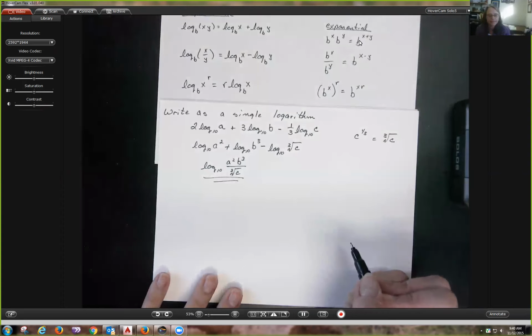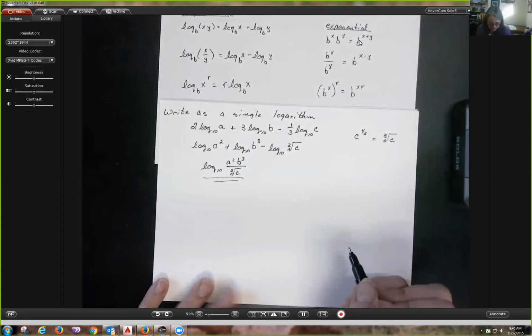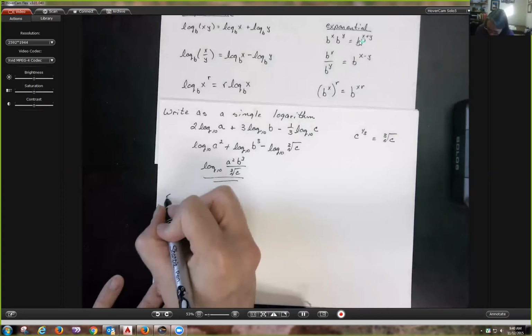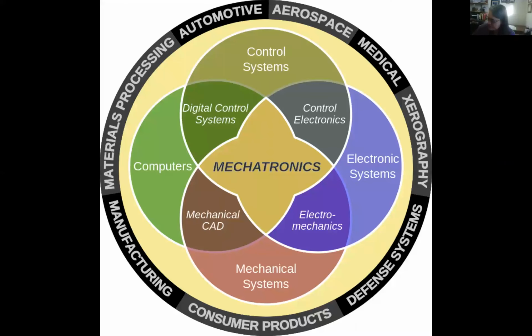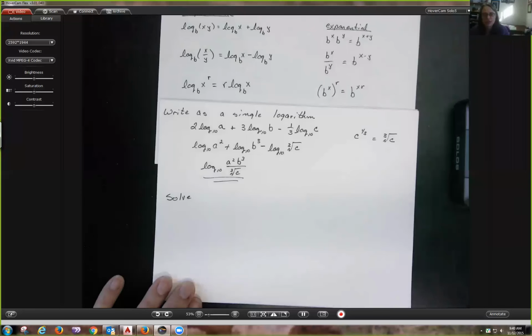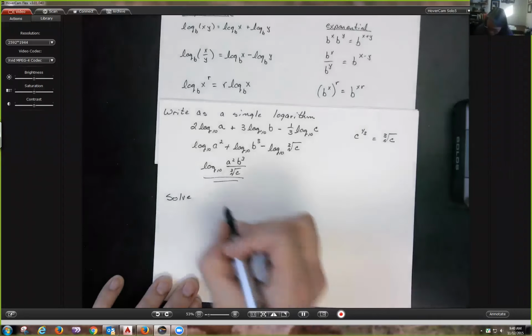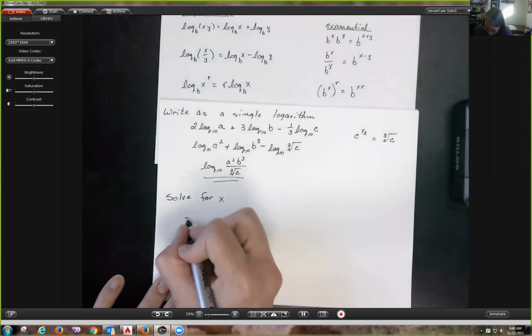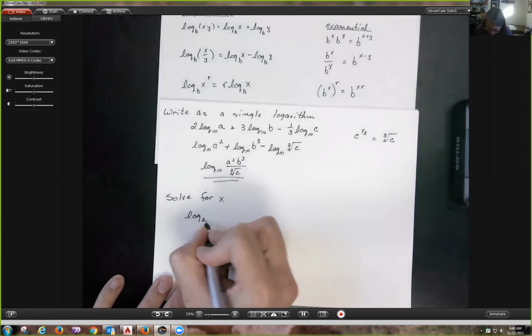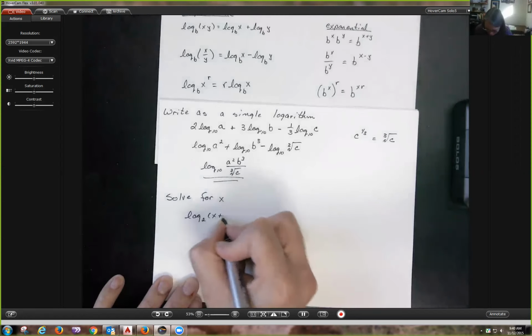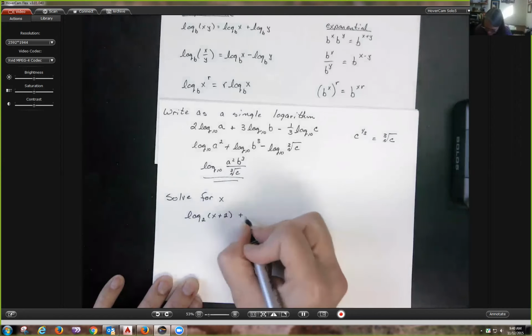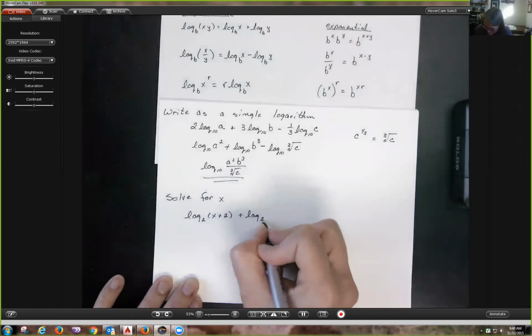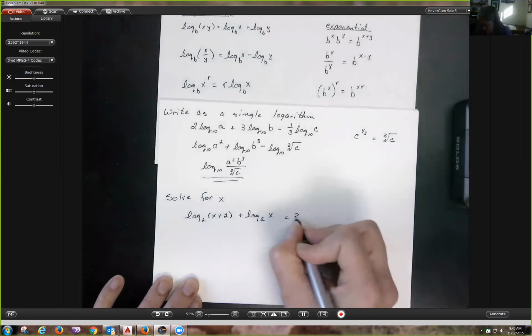Okay? Now here's why we would want to do that. Suppose we are asked to solve. So we want to solve for x. This equation that says that the log base 2 of x plus 2 plus the log base 2 of x equals 3.